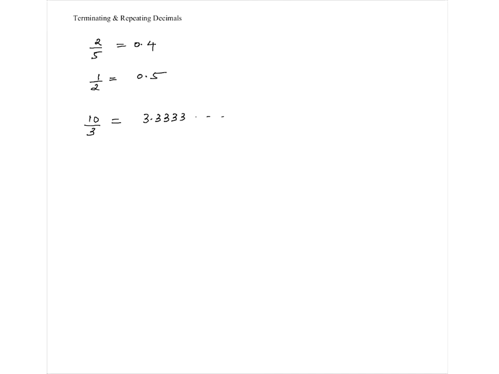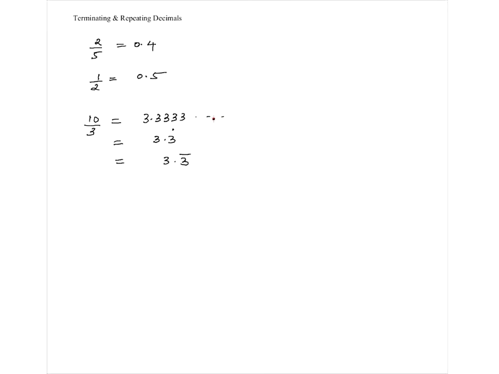That is the meaning of repeating. Here 3 is repeating. We also write it as this, or this. Now, there can be different types of repeating behavior.